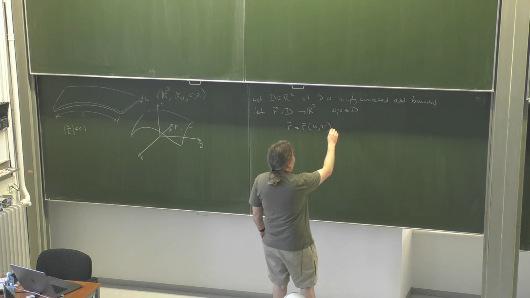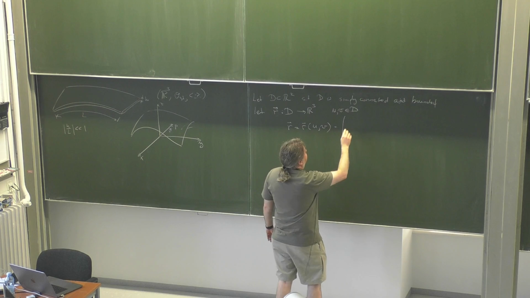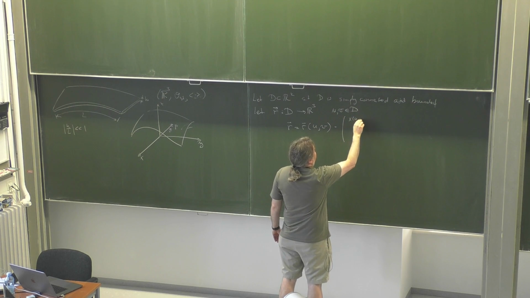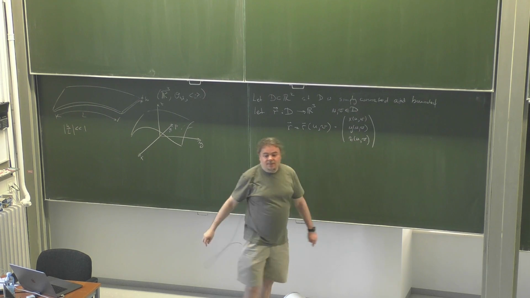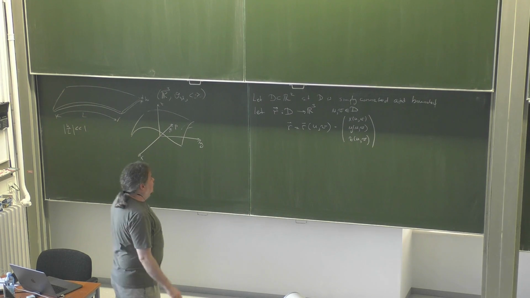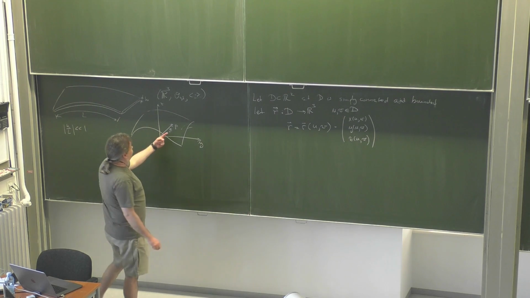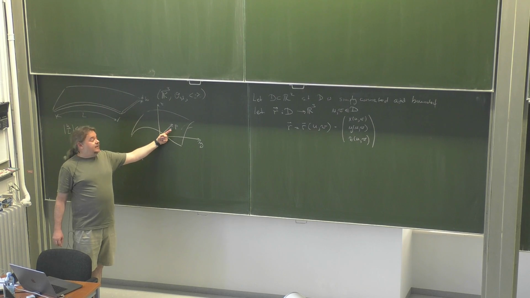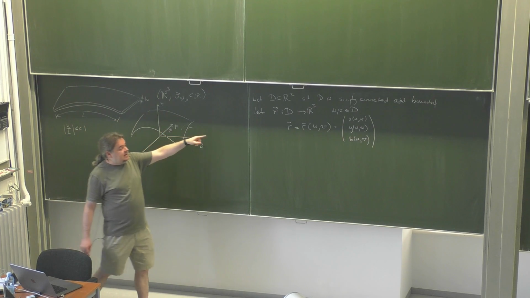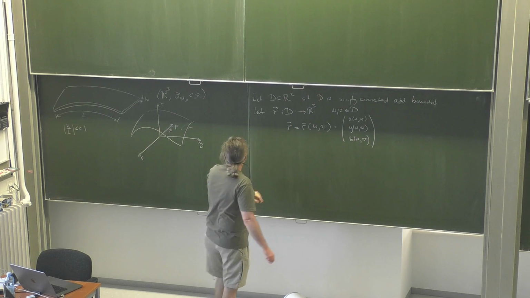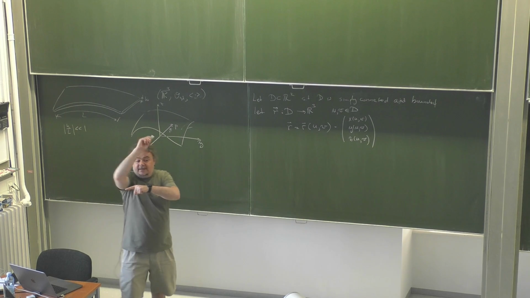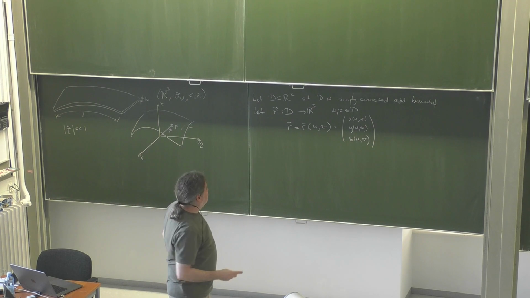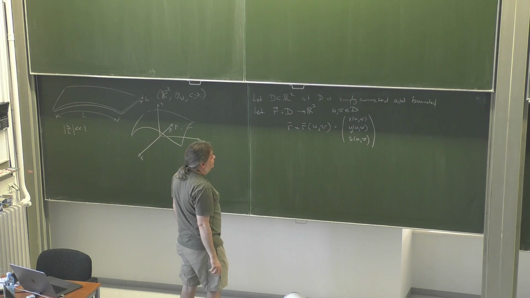Which in terms of components can be written as x of u and v, y of u and v, and z of u and v, right? So all I've done is, in a slightly more formal way, write this vector in here, right? So I'm taking values from some domain D, and then I am following the position of the end of this vector, which is kind of drawing me the surface in R3, right?